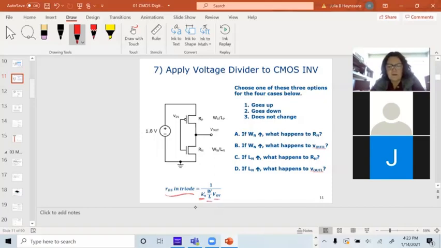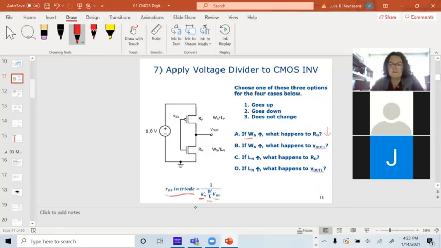So if I increase the W of the N-channel transistor, the resistance of that transistor is going to go down. Because I increase W, the number in the denominator gets bigger, RDS goes down.